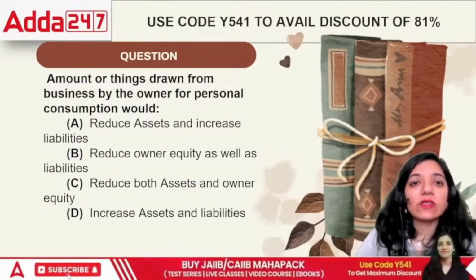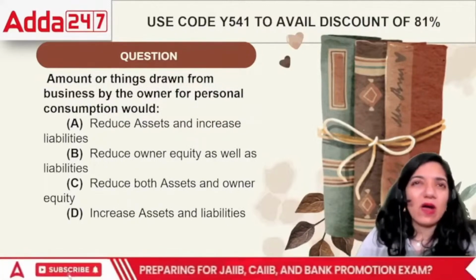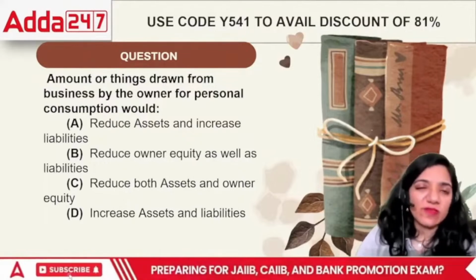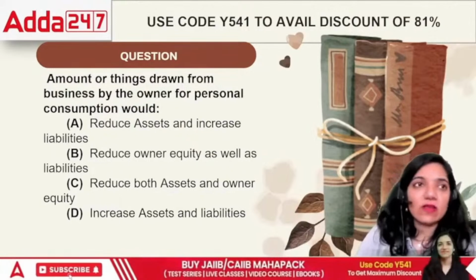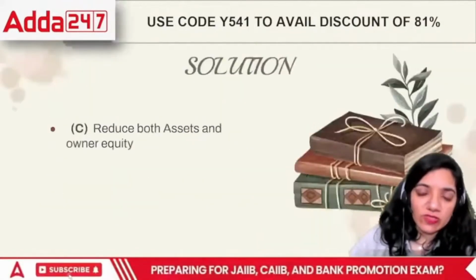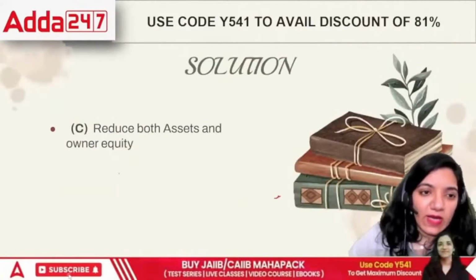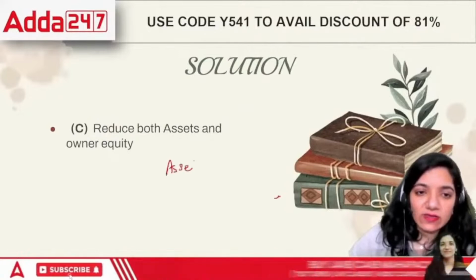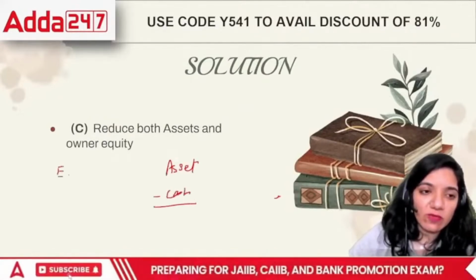If I talk about the reduction in terms of the amount, in terms of taking the money out of the business, it is drawings. It is considered as drawings. Drawings basically would mean if I take the cash out of the business, what will happen? If I take out the cash from the business, number one, I will lose an asset because I'm losing cash withdrawn, and I'm also losing equity, everyone.